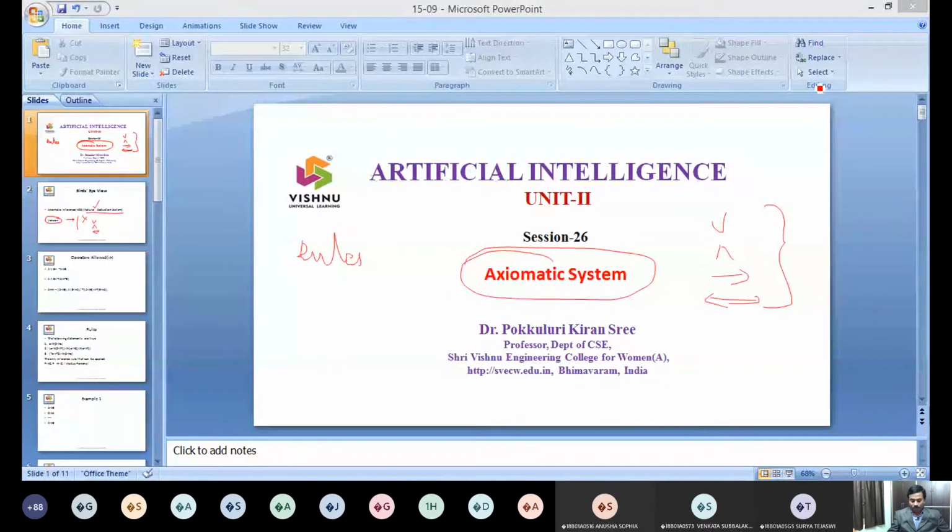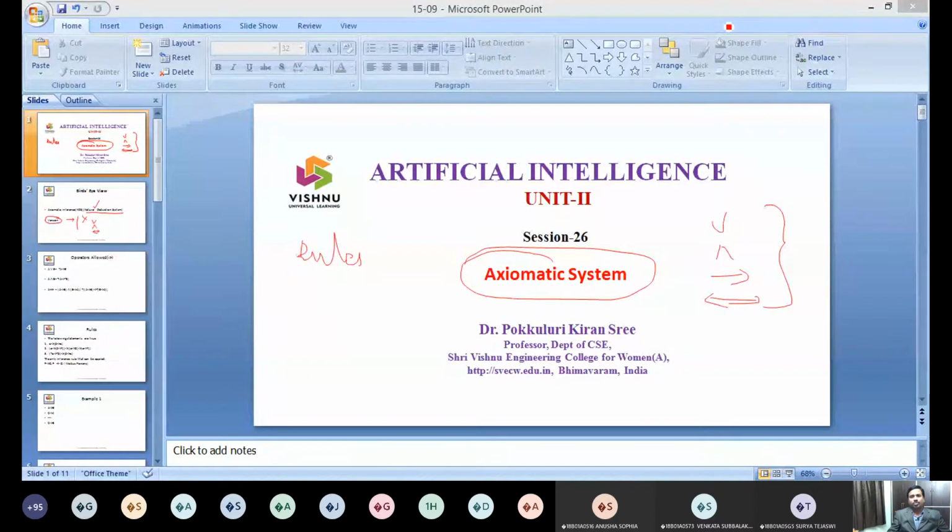So if you summarize what I have said, the axiomatic system is a system which will not allow OR and AND, and will allow only this implication part. This is the bidirectional operator, bi-implication or biconditional, whatever it may be. So it will allow only the implication part, and only this inference rule is valid.